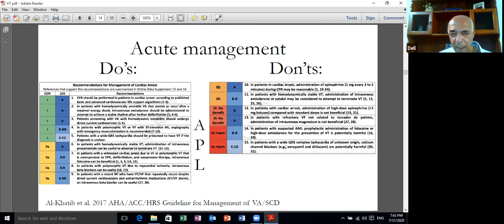Because, as I said in the first slide, one of the differential diagnoses of these conditions is pre-excited supraventricular arrhythmia, and this may turn out to be atrial fibrillation. If you block the AV conduction with calcium channel blockers, then the atrial fibrillation is very likely to change into ventricular fibrillation with its consequences.